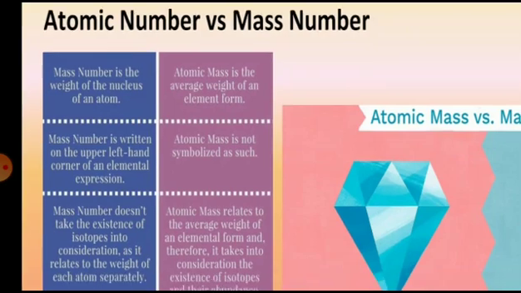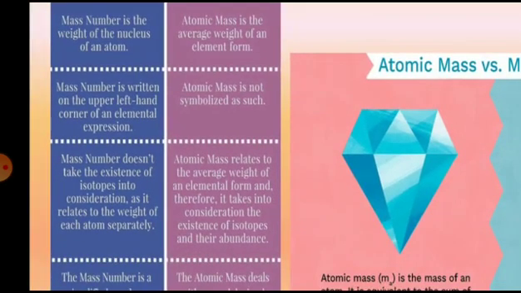The second difference is mass number is written on the upper left hand corner of an elemental expression. Just we have discussed that mass number is written on the upper left corner of an elemental expression, whereas atomic mass is not symbolized as such.